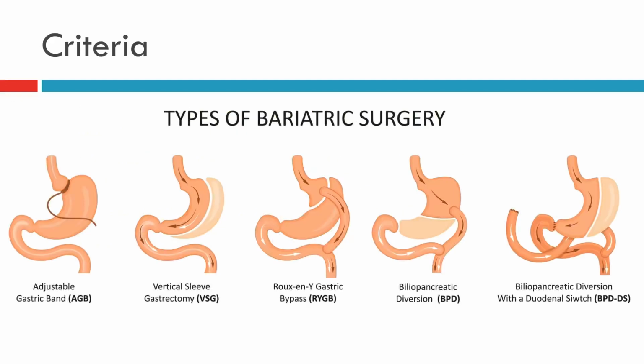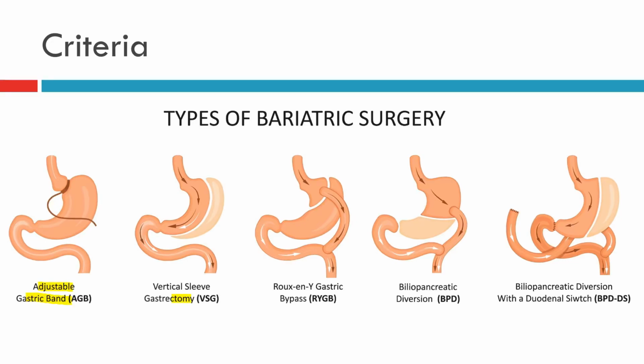There are 5 types of bariatric surgeries available. First is the adjustable gastric band, as you can see here. Next one is the vertical sleeve gastrectomy. Ectomy means cutting of the gastric, so it's like a sleeve, a vertical sleeve.